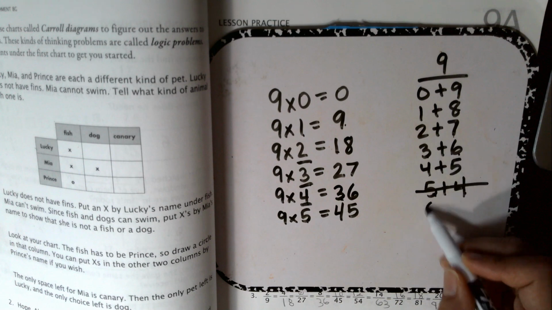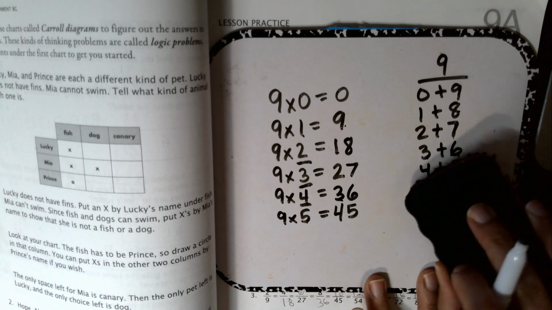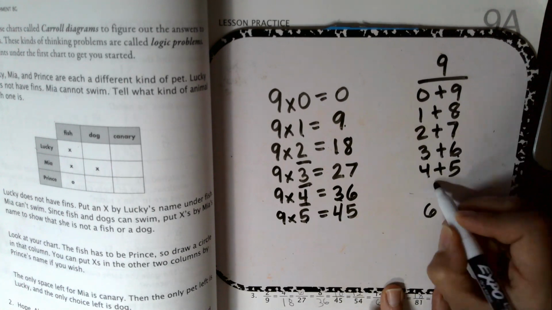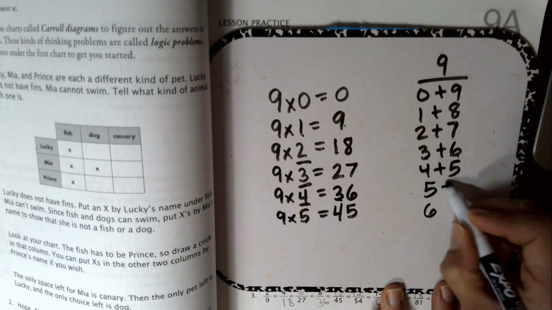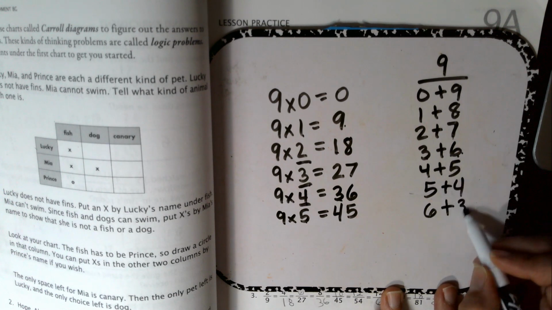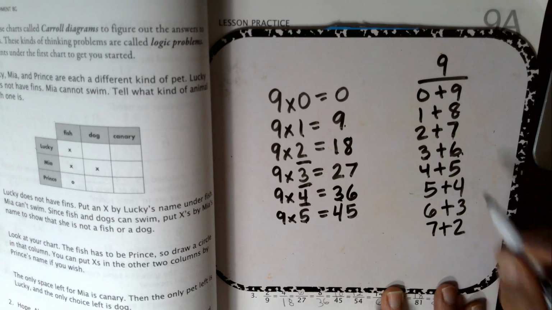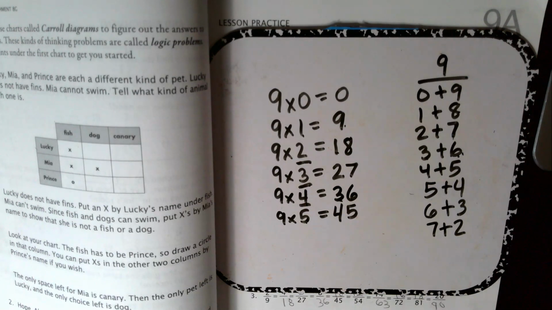If we do 6, it's going to be 6. Let me not cross that one out. And then if we have this one, it's going to be 6 plus, just like here, 3. And this one's going to be what? 7 plus 2. So the same numbers keep repeating themselves, but they just switch over.